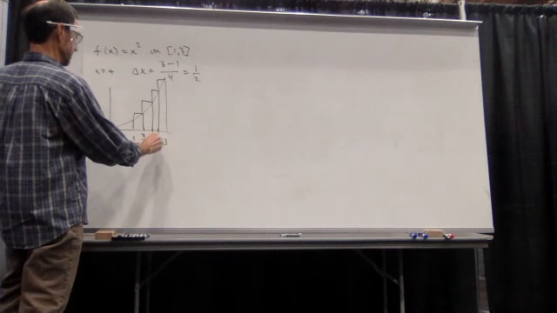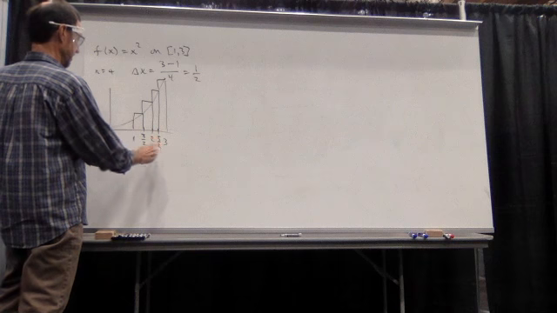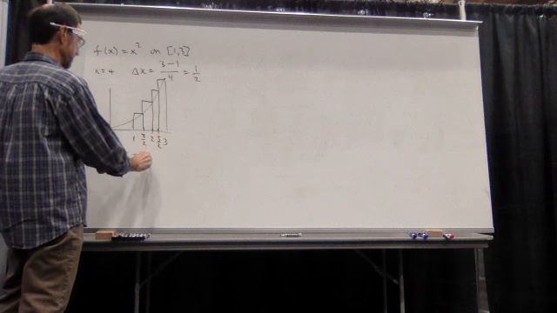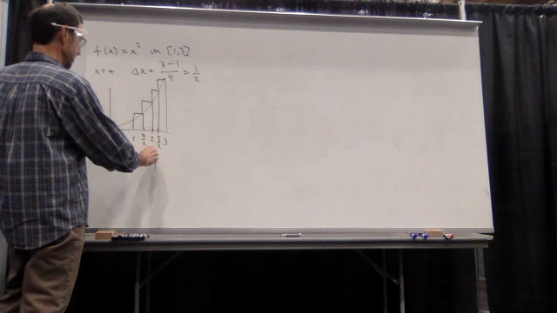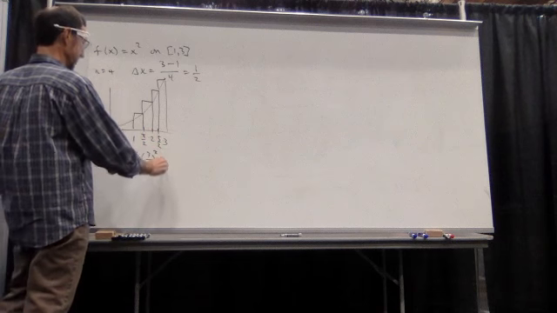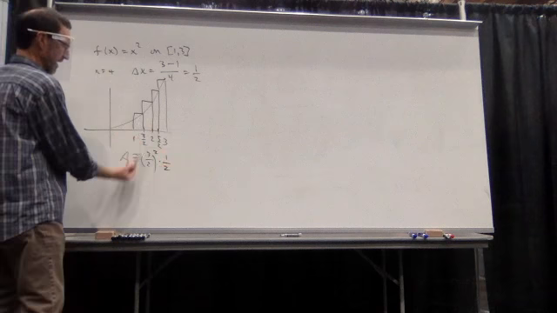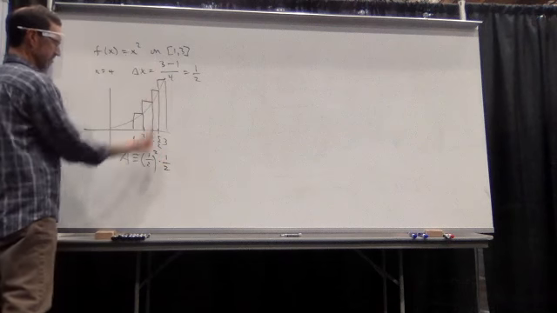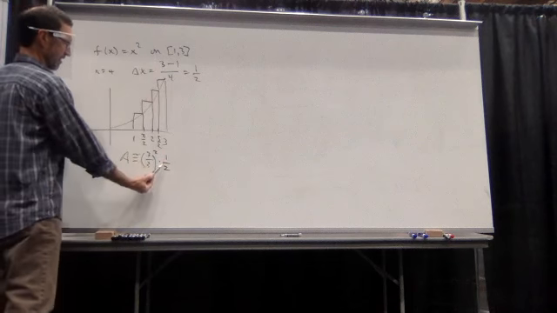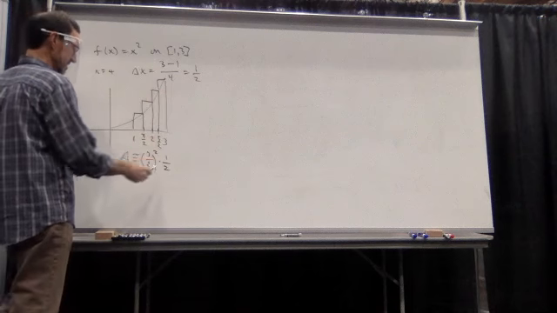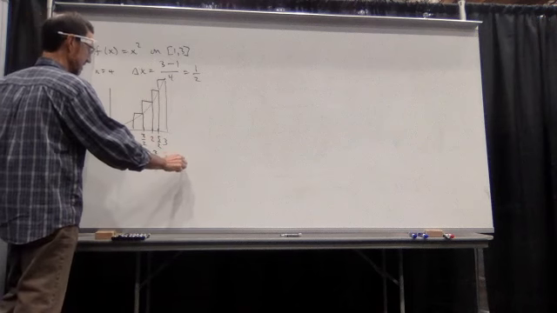The right endpoints are 3 halves, 2, 5 halves. So the first one is 3 halves squared, units tall, times delta x, the width. Plug the right-hand endpoint into the function. That's how tall it is, multiplied by 1/2. They all have the same width.